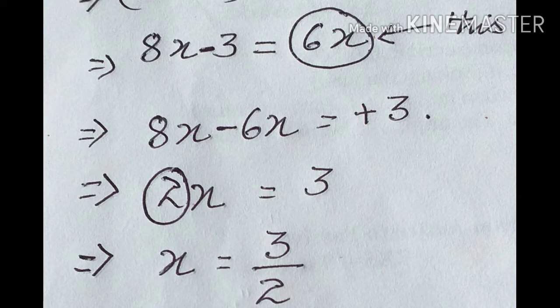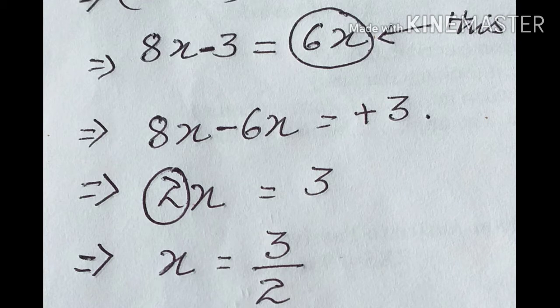So the next step we will get 8x minus 6x, and the numbers you have to subtract, we will get 2x equals to 3. Now here we have to find out the value for x only. So x, keep it as it is, this 2 is multiplying with this x, so if you transfer this it will be divided.